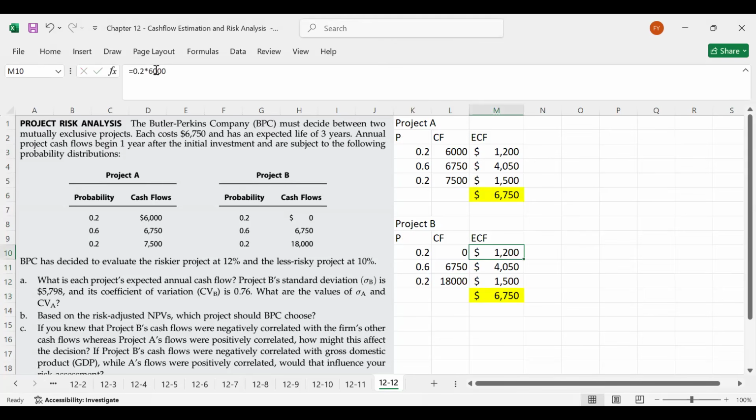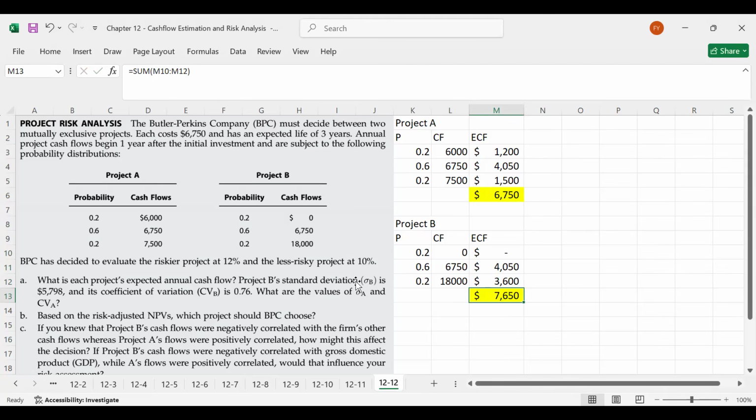So here, instead of 6,000, we have 0, then we have 6750, and in last we have 18,000, which we multiply by its probability. So these are expected cash flows of project A and project B.